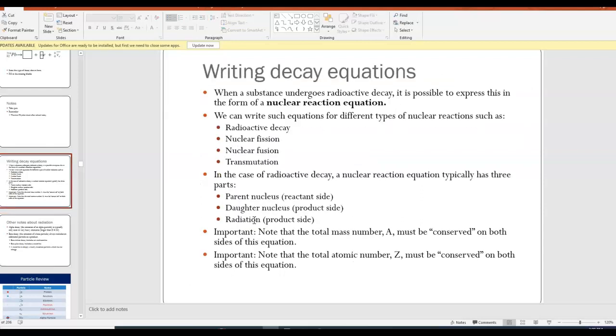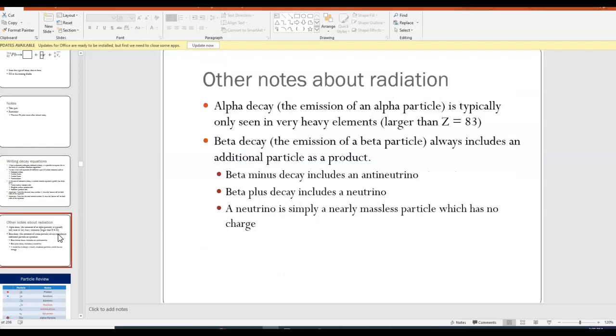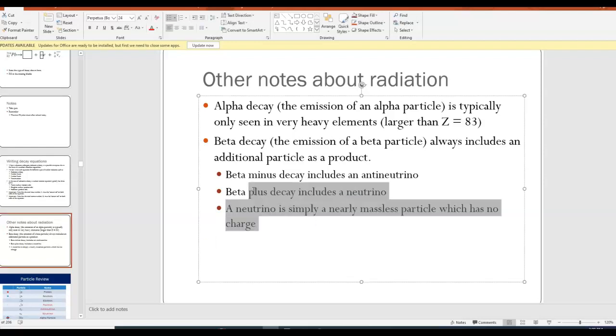Again, pause it here if you need to add this to your notes. And I said this before, and you should already have this in your notes, but again, pause it here just to make sure that you have this information, especially pertaining to the neutrino and antineutrino.